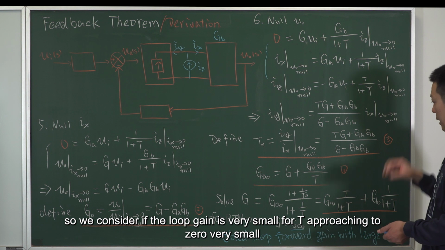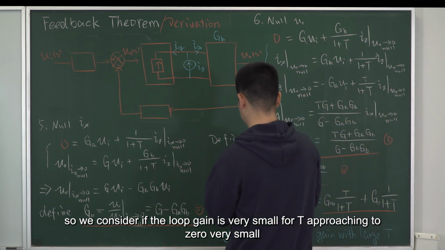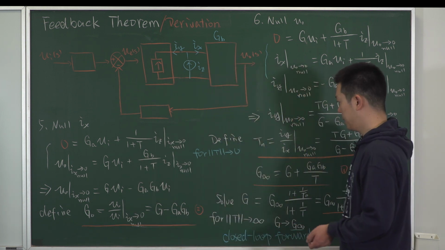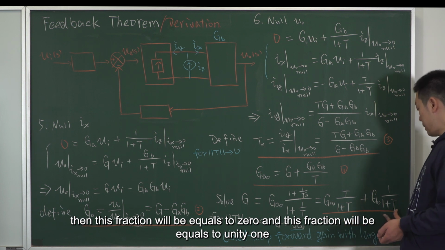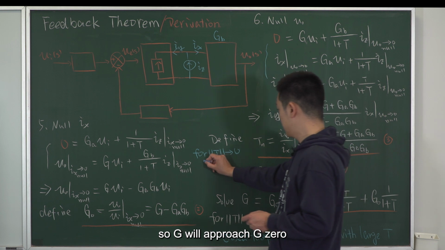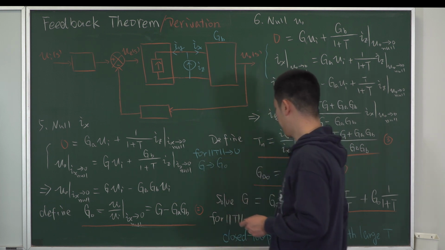And similarly, if we look at G0, right? We consider if the loop gain is very small. For T approaching 0, very small, then this fraction will be equal to 0, and this fraction will be equal to unity 1. So G will approach G0.